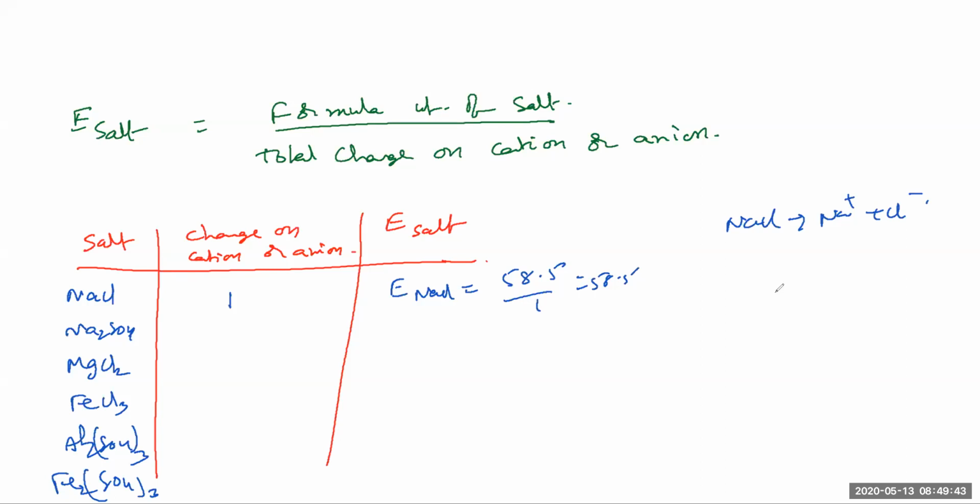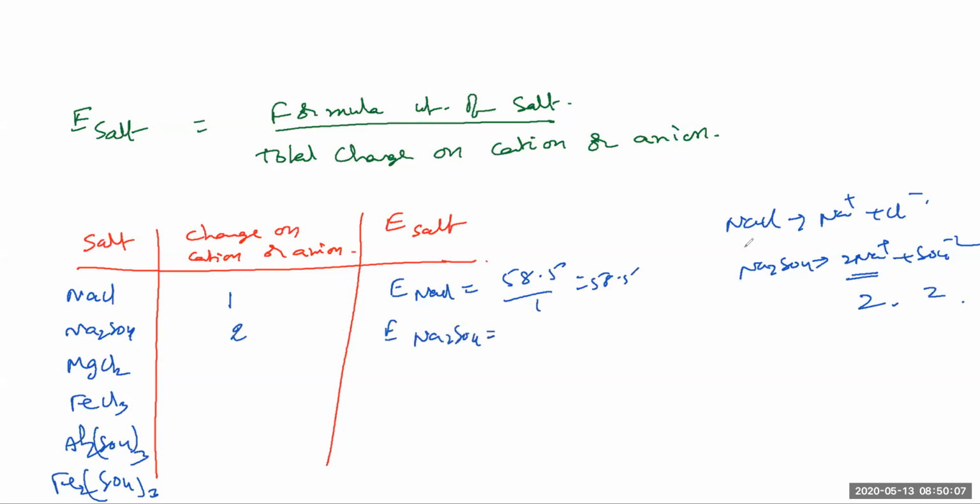Na2SO4 dissociates as 2Na plus and SO4 minus 2. The charge on sodium is 1 only, but 2 moles are there, so total quantity is 2. Here SO4 minus 2 means 2. So you can take 2. What is the equivalent mass of Na2SO4?